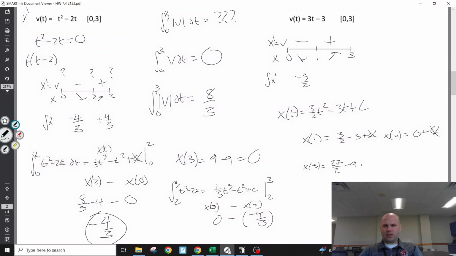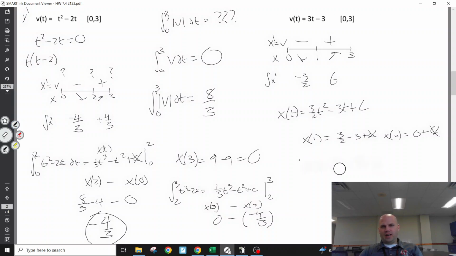So that's 18/2, so that's 9/2. So that's a plus c. If I do 9/2, which is x of 3, minus negative 3/2 plus c, the c's will go away. I get 12/2, which is 6.